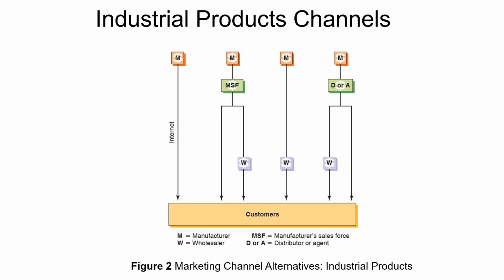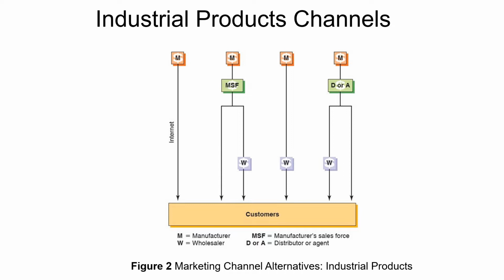This figure summarizes marketing channel alternatives for an industrial or business product company. As is true with consumer channels, product and customer characteristics have an impact on channel structure. Three basic elements are involved: the manufacturer's sales force, distributors or agents, and wholesalers.